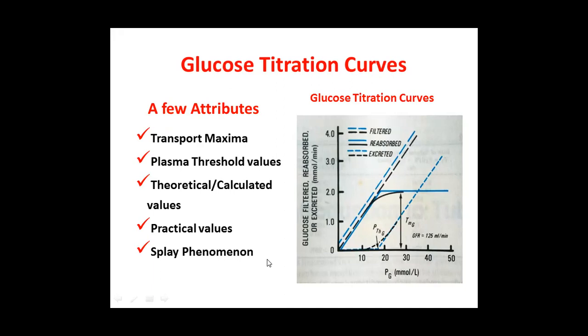But there are two probable hypotheses, not very substantiated. Number one, nephron heterogeneity. That means all the nephrons do not have similar reabsorption ability. Some have greater, some have lesser.